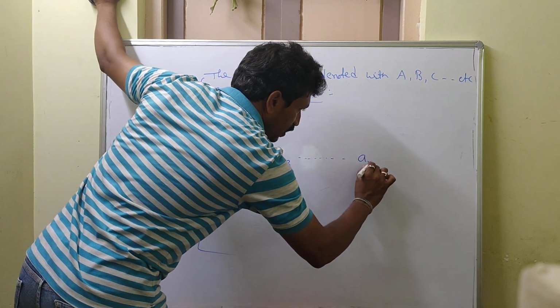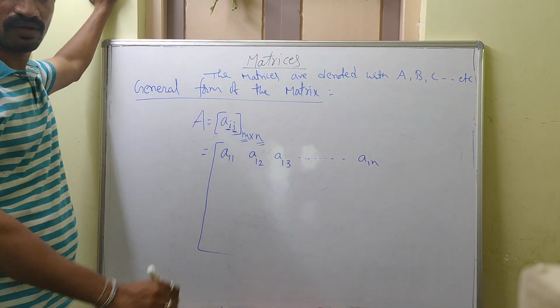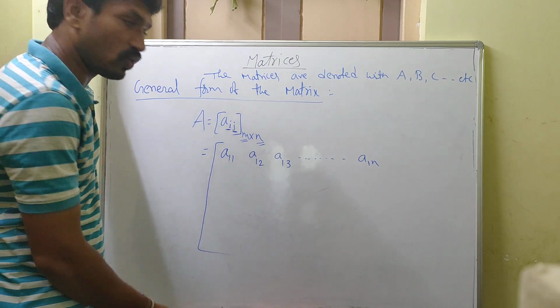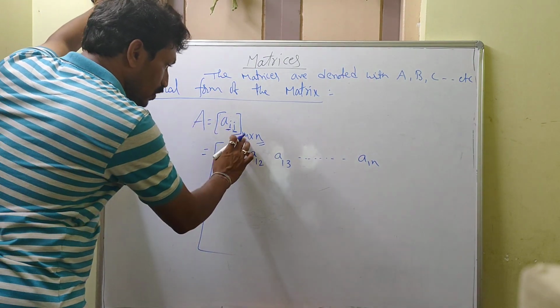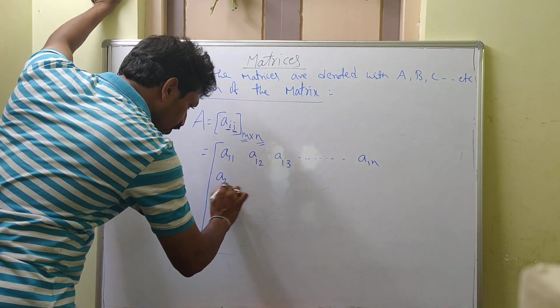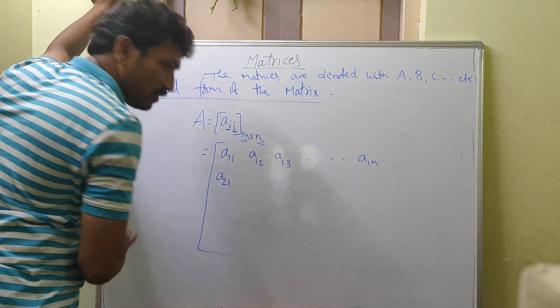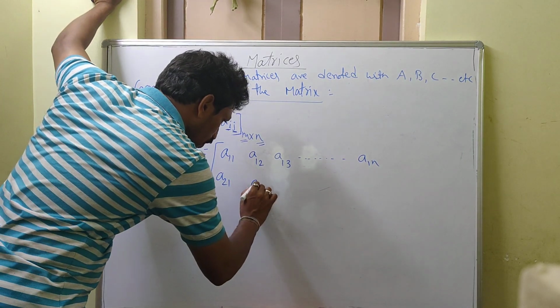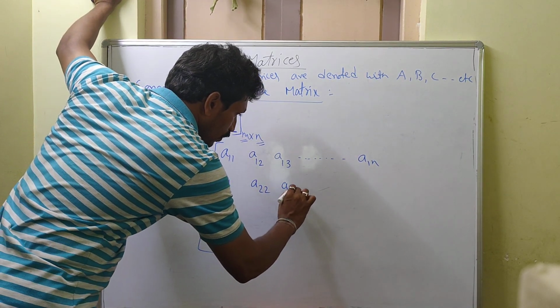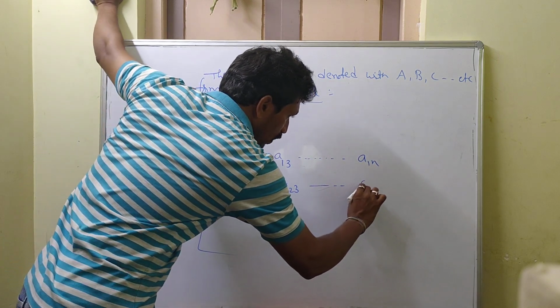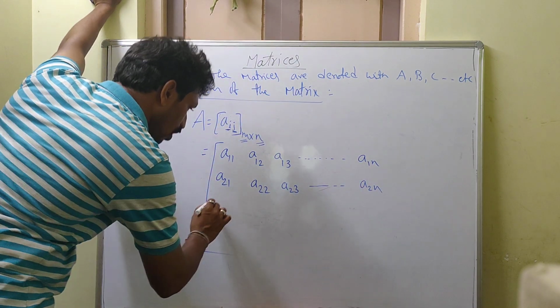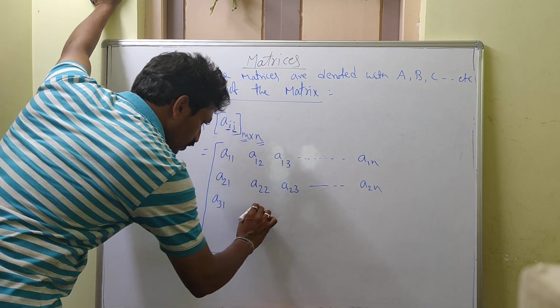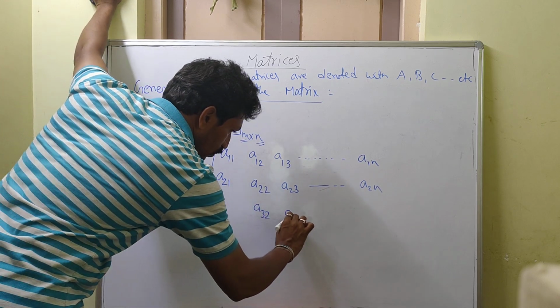Up to a1n. Next, second row with this aij: a21, a22, a23 and so on up to a2n. Next, third row a31, a32, a33.